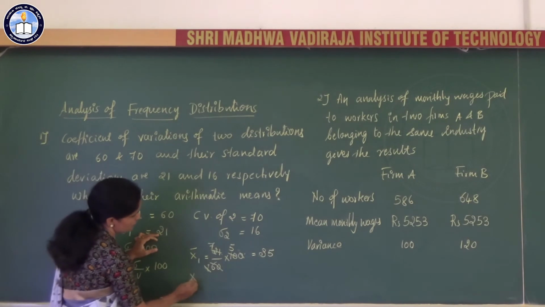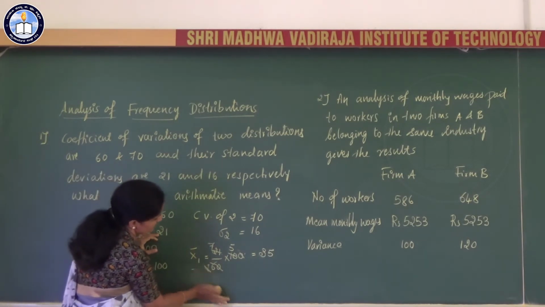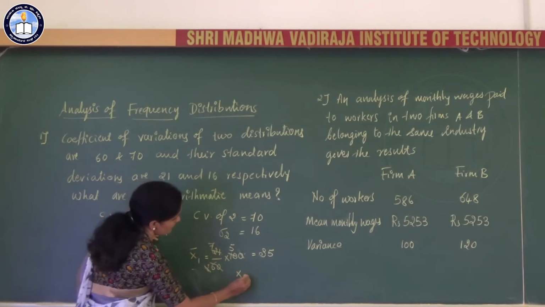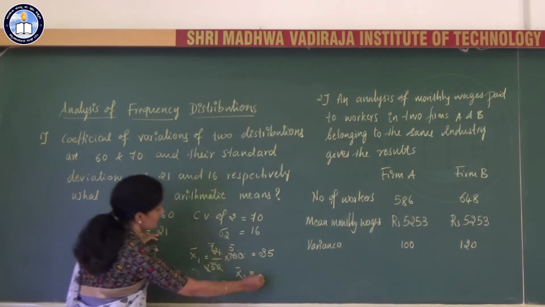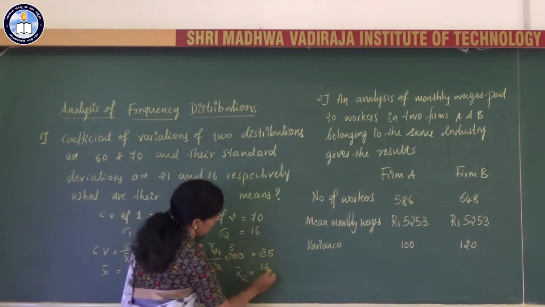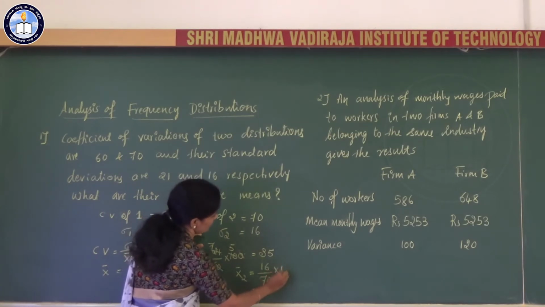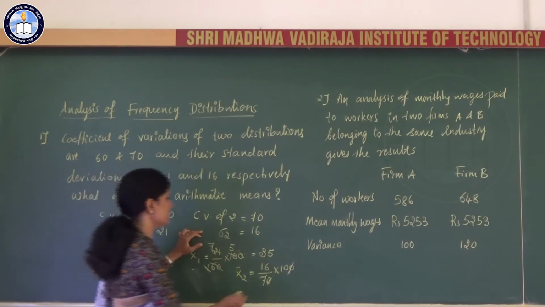So x2 bar, so I will write it here, can you see the board? x2 bar is equal to, what is the standard deviation? 16 divided by 70 into 100, so 0 and 0 cancel here.